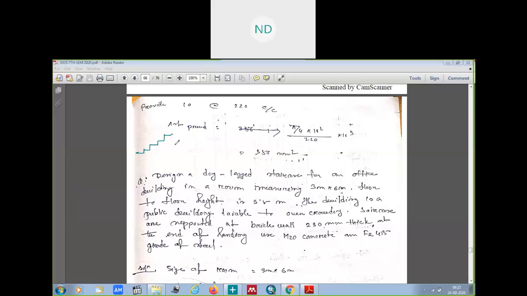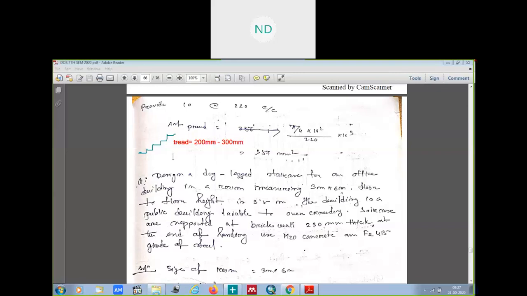This horizontal portion is known as your tread, and in residential buildings the tread ranges between 200 mm and 300 mm.